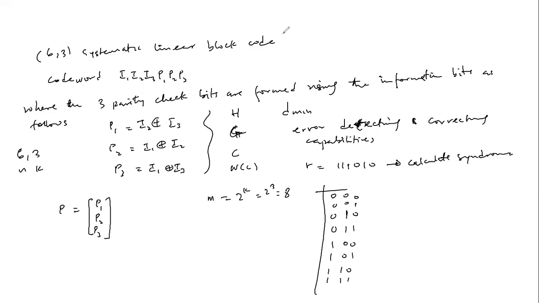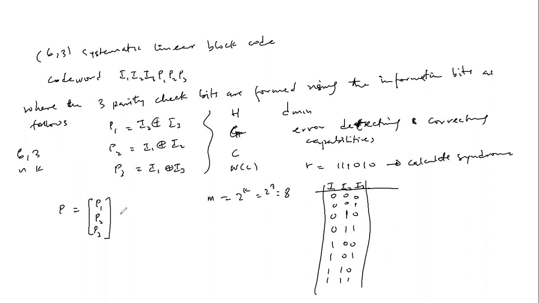Okay, from this, let's write this. Let's leave it as I1, I2, I3.